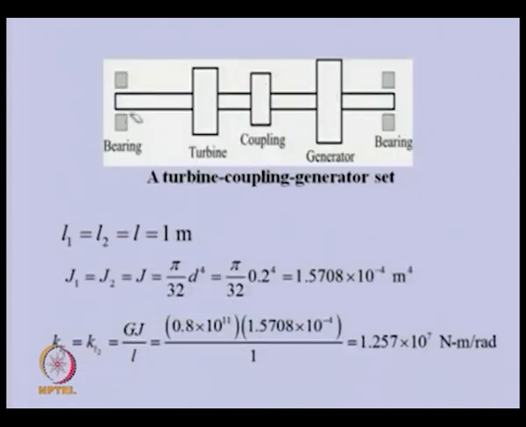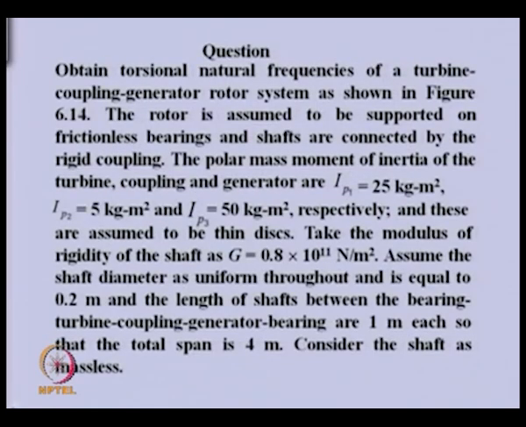As such, it has free bond support, so they are not imparting any torsional vibration or external torque to the rotor system. The properties of the 3 major masses, the turbine, the coupling and the generator, are given here. The shaft property is also given here.